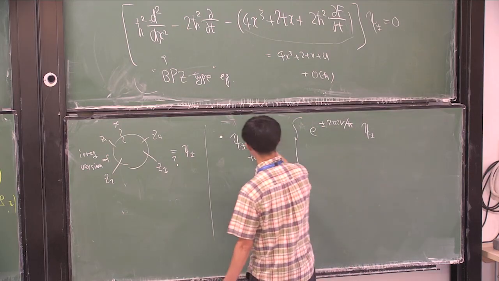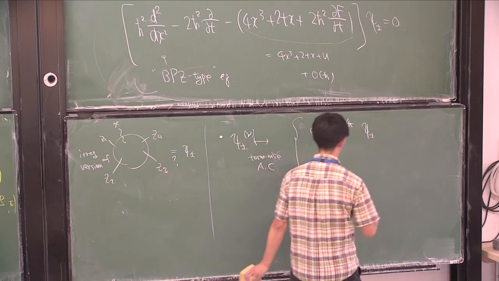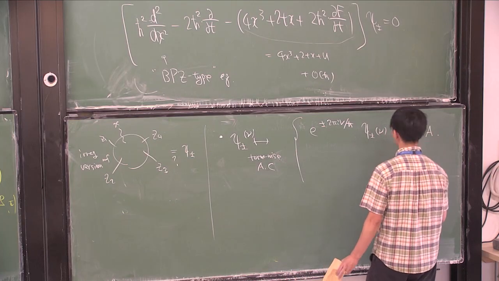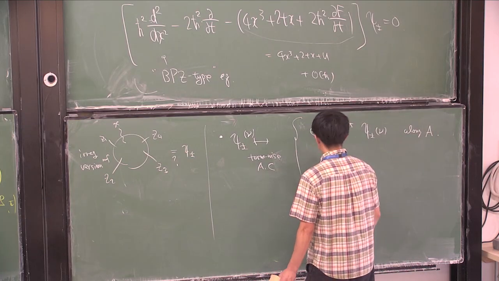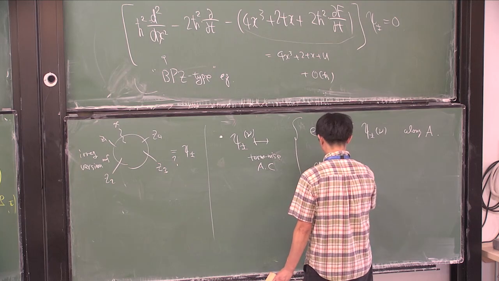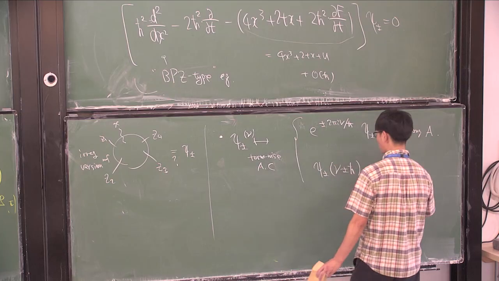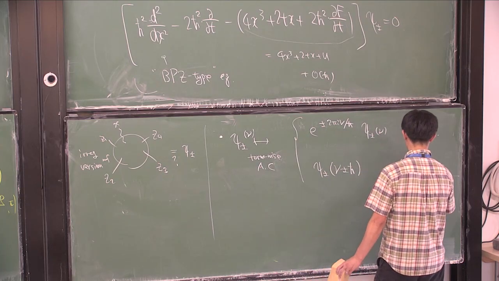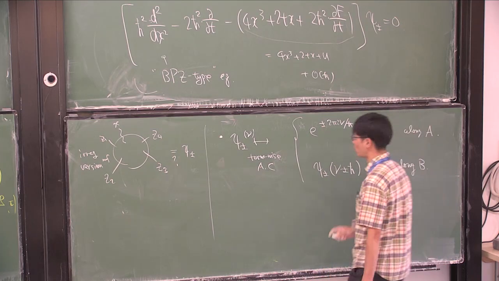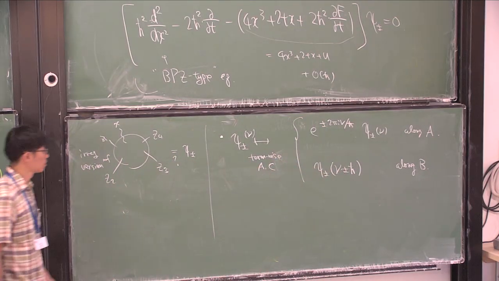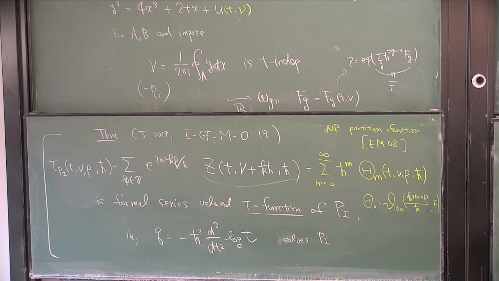Maybe it's better to emphasize what is the initial value of mu along the A cycle. But actually, this one will be shifted by plus or minus h bar along the B cycle. And those two properties follow from the so-called variational formula in topological recursion. Yeah. So anyway, what is V?